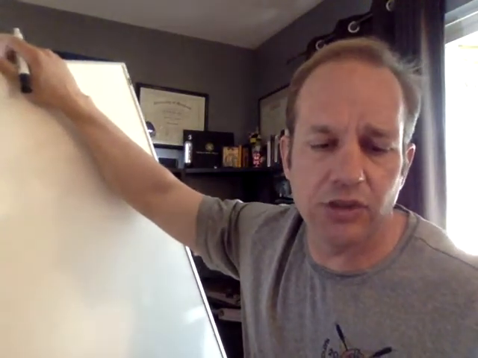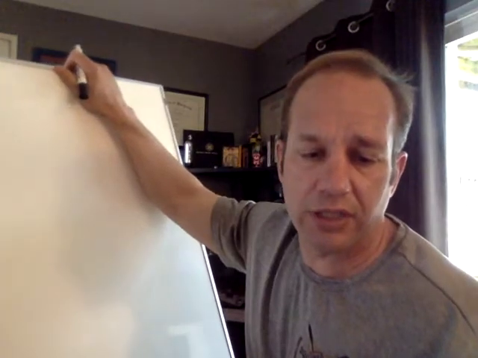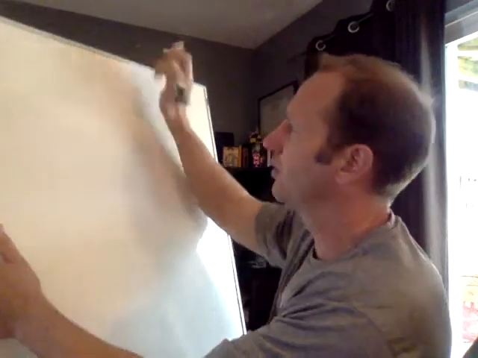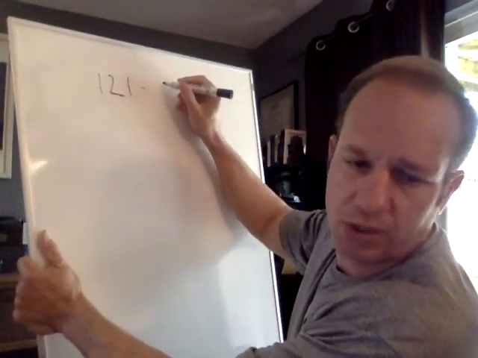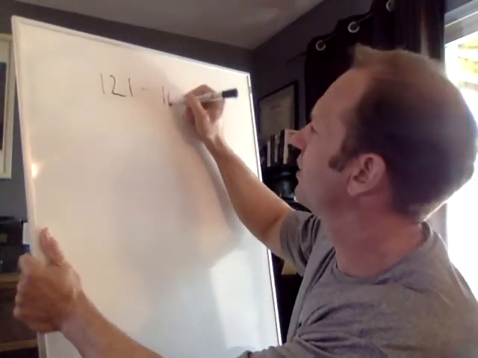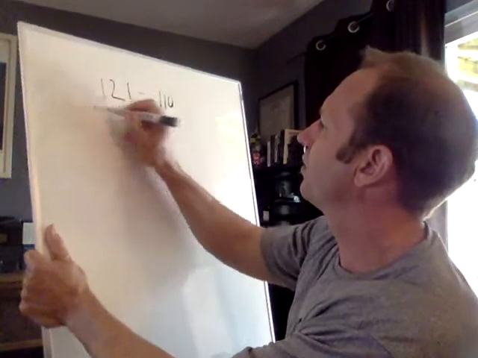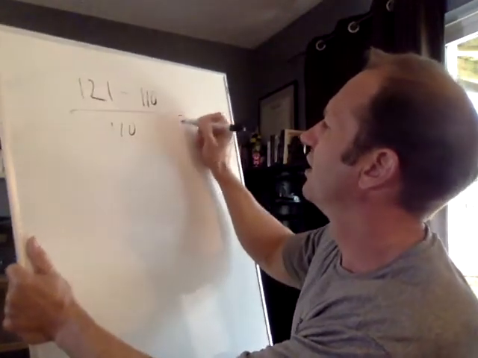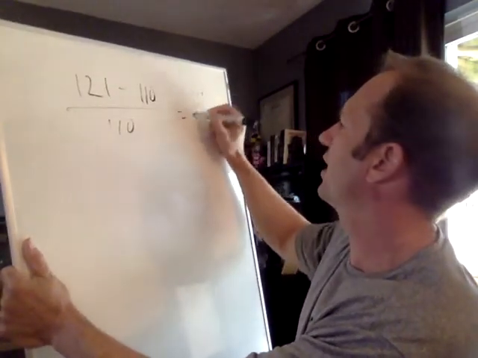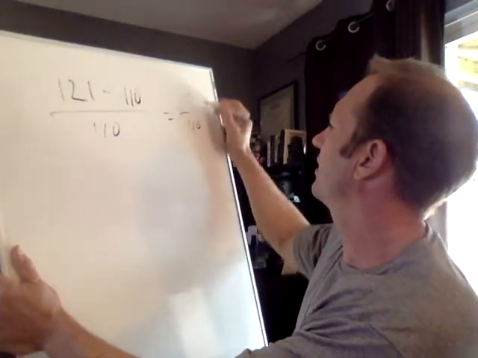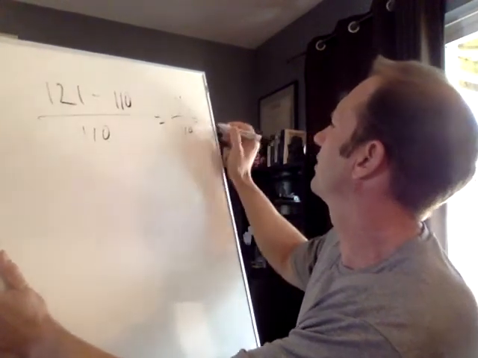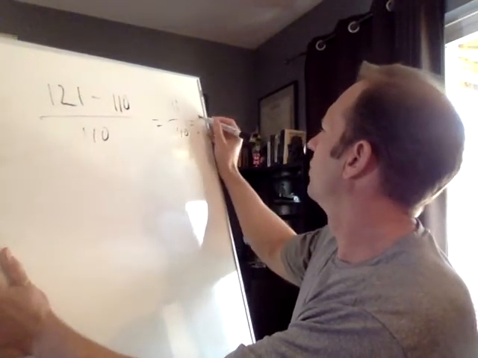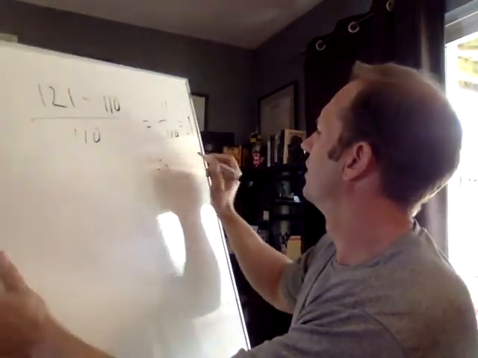So from 2019 to 2020, the number we're interested in, this price index, the new was 121. The old, in 2019, was 110. This is new minus old over old, 110. I see 11 in the top over 110, and I think that is 0.1, which is therefore 10%.